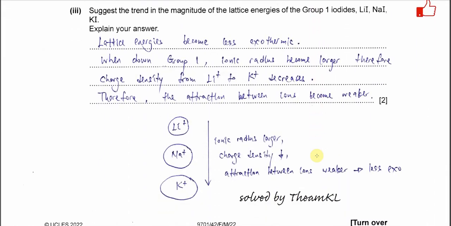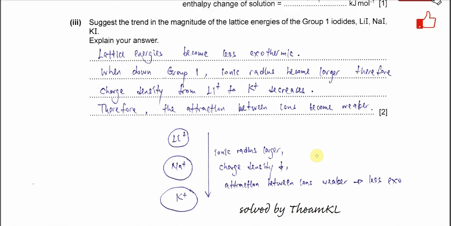Part 3 suggests the trend in the magnitude of lattice energies of group 1 iodides, from lithium iodide to potassium iodide. First, you need to know the iodide is actually the same for this trend. So we need to focus more on the cation, the group 1 cation, from the lithium ion to the potassium ion.